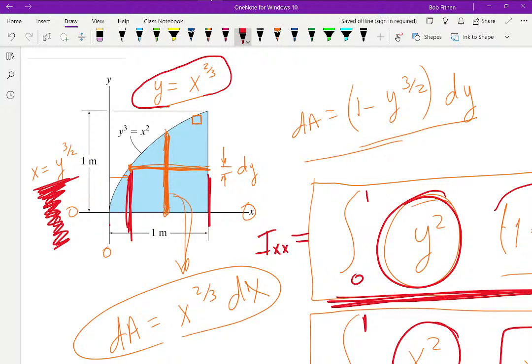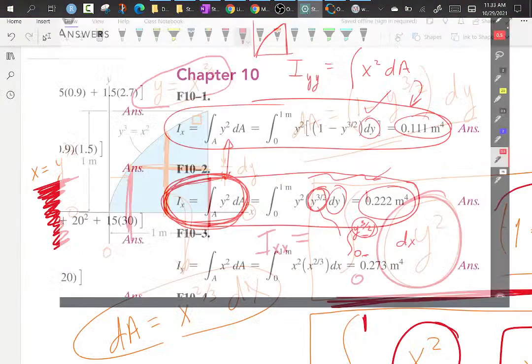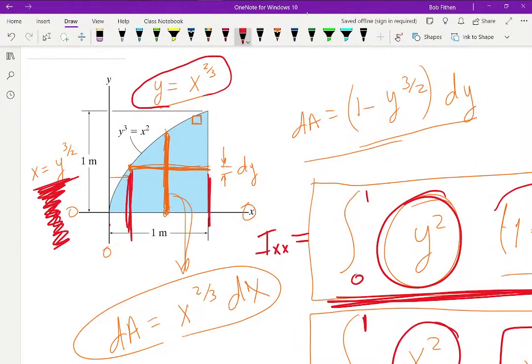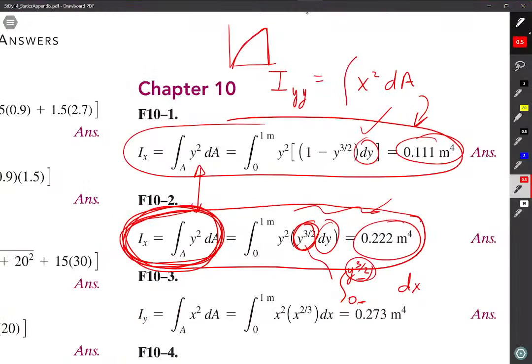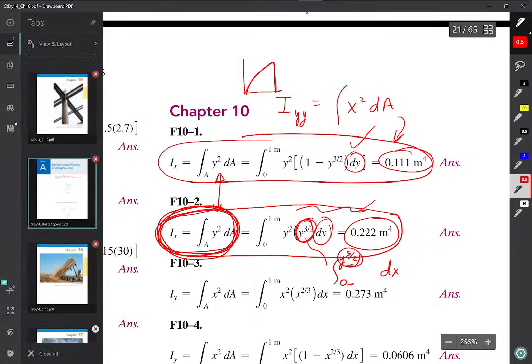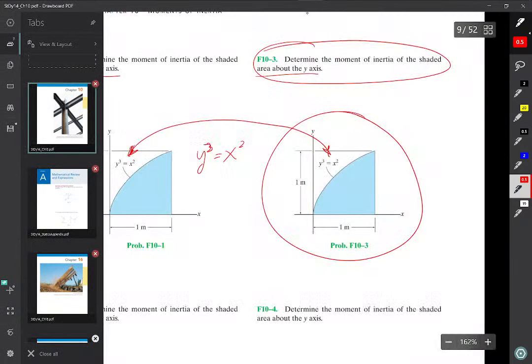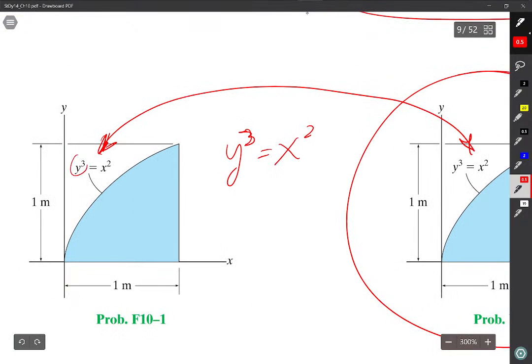So the function doesn't change as you move across the page. In other words, what I mean by that is this. Okay. All right, hang on. This is fine, but both of these functions are the same. Let me look again. Y to the third, y to the third, x squared, x squared.